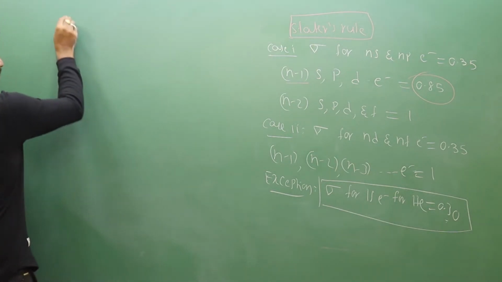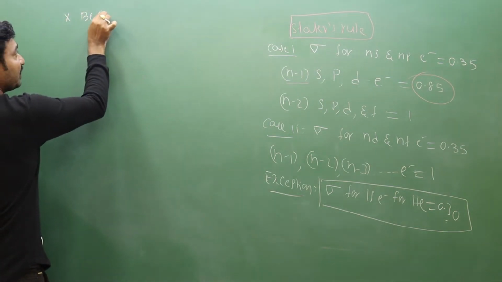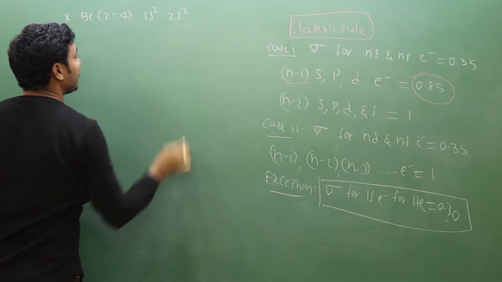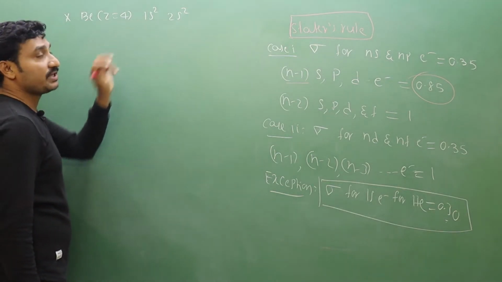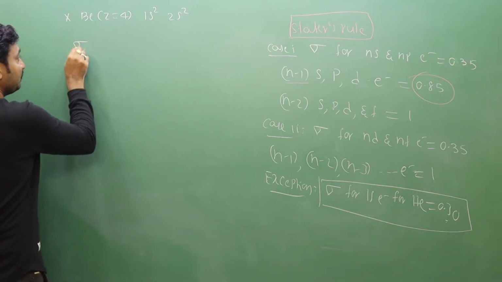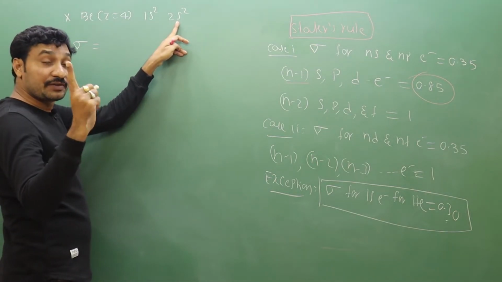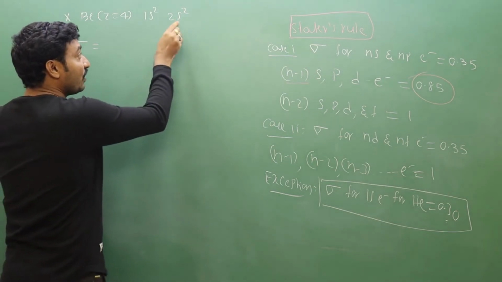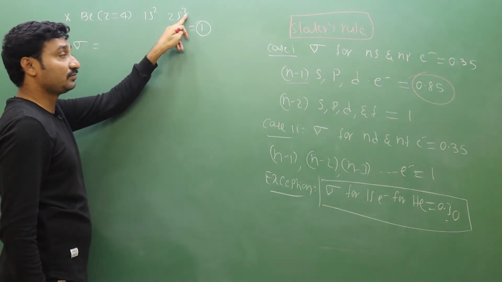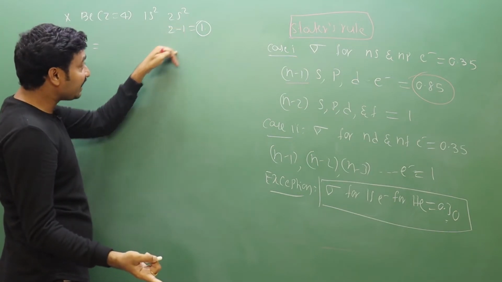Next, take beryllium. Atomic number 4, electronic configuration 1s2 2s2. Again, you are calculating sigma for the 2s electron. You exclude that electron and consider the remaining electrons.